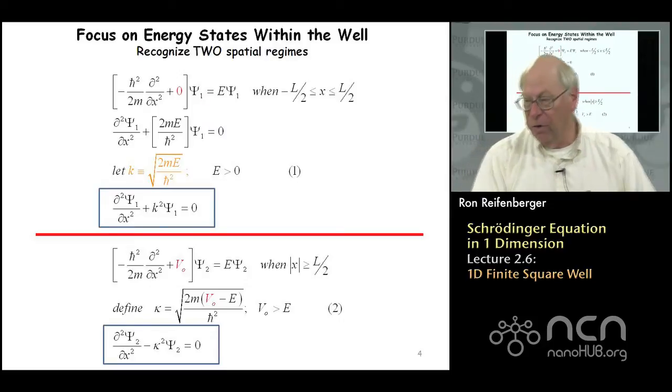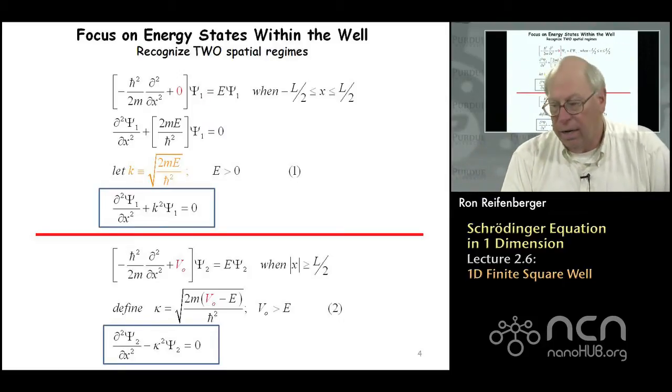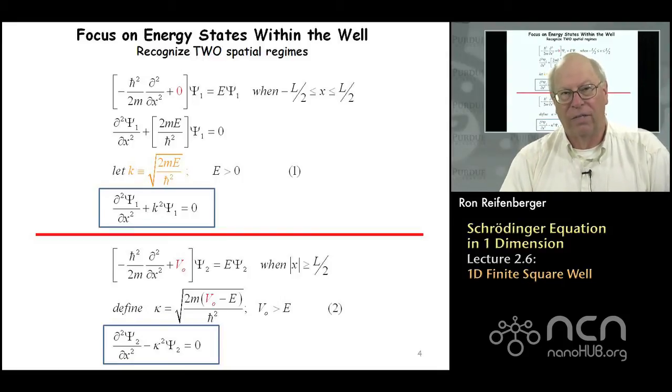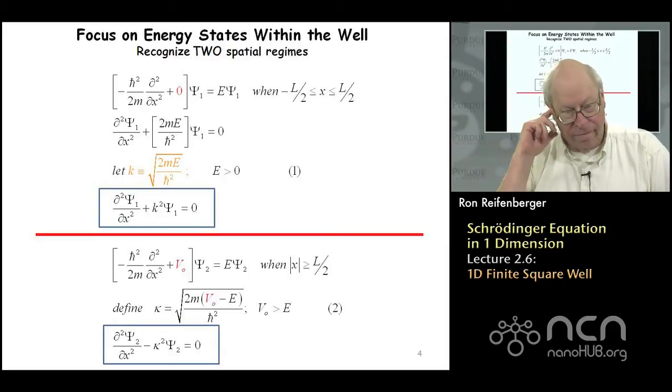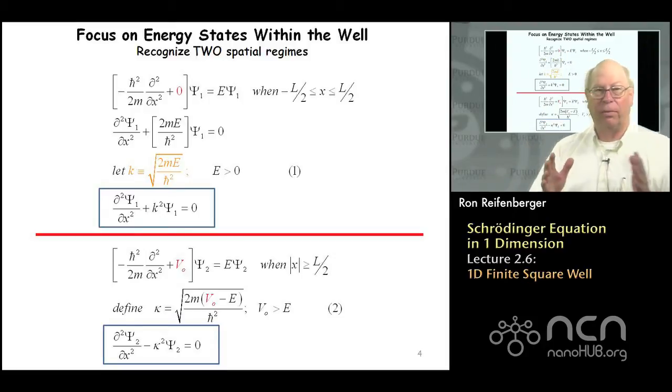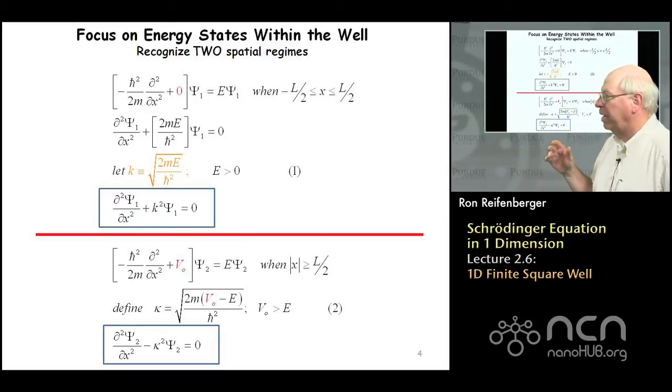First thing we have to do is solve Schrödinger's equation using this piecewise continuous interaction potential, this potential energy barrier that we sketched in the previous slide. And so there are two regimes that you have to recognize.